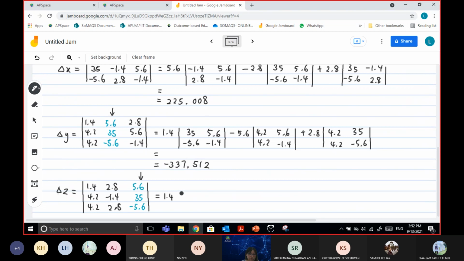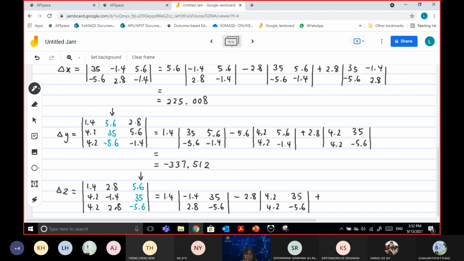So 1.4 times negative 1.4, 2.8, then 35, negative 5.6. Then minus 2.8, then 4.2, 4.2, 35, and negative 5.6.